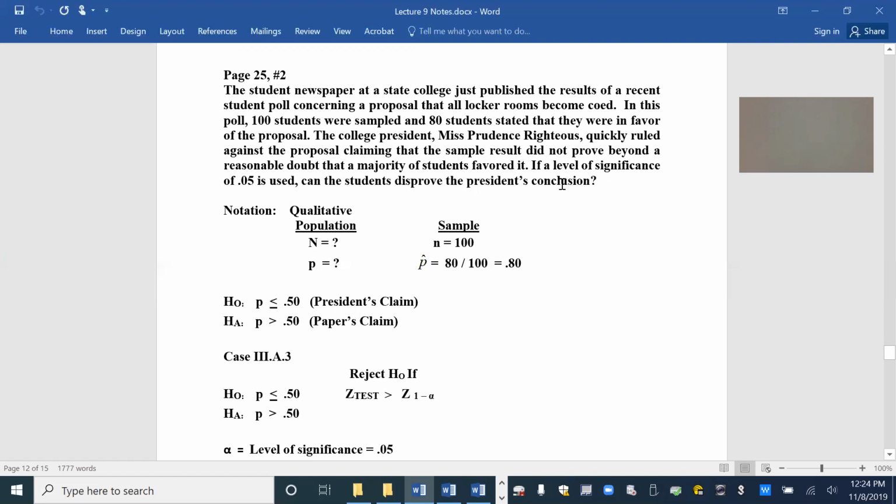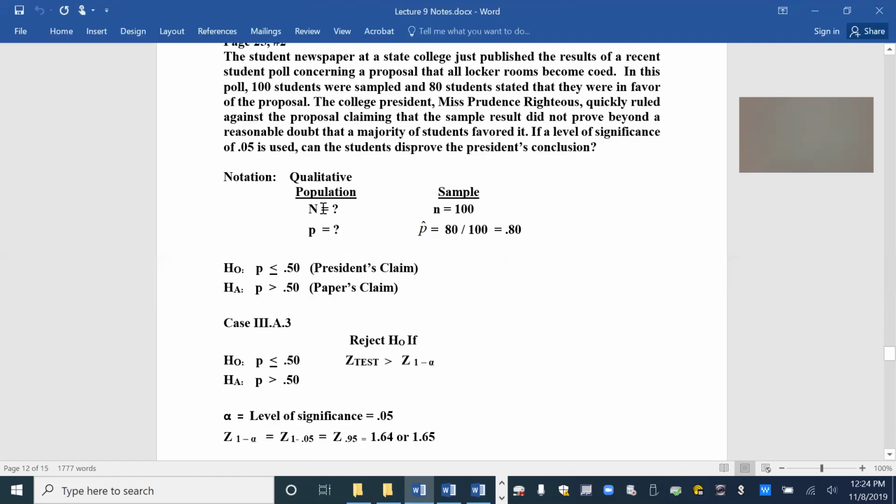Okay, here we go. Number one, put down your notation. What question was asked 100 times? Are you in favor of co-ed locker rooms? What responses did I get back? Of course, no. Hell yeah. Whatever.